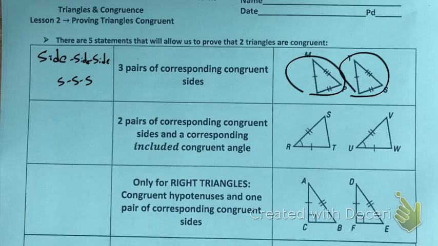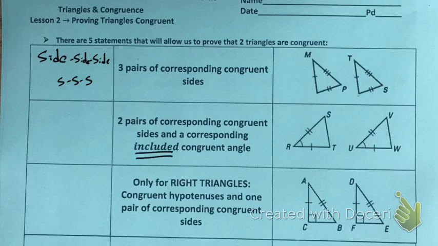That is enough information to determine that the triangle on the left is congruent to the triangle on the right. Okay, so our first one is side, side, side. The second one is when you have 2 pairs of corresponding congruent sides and a corresponding included congruent angle.